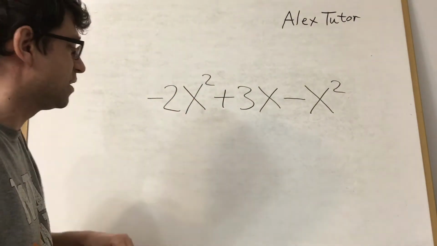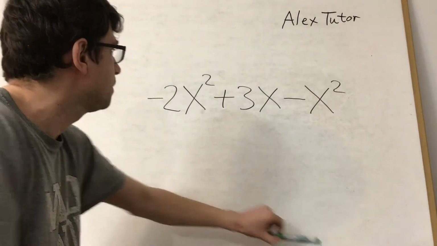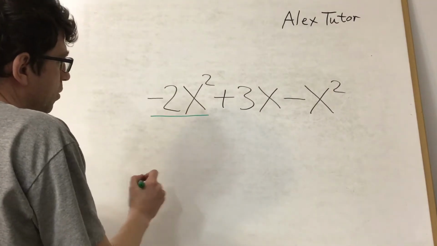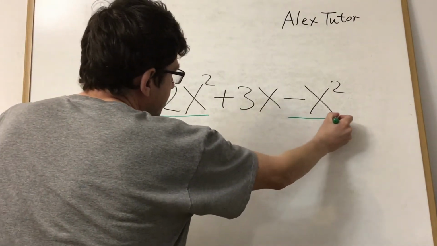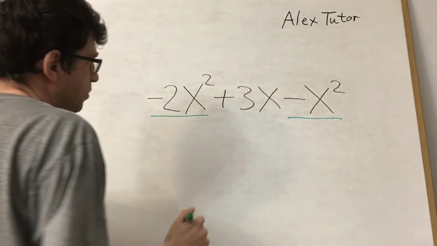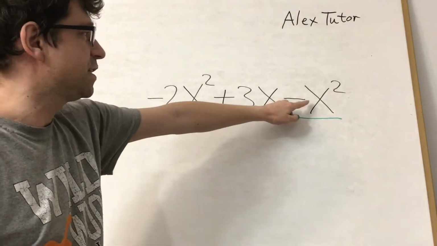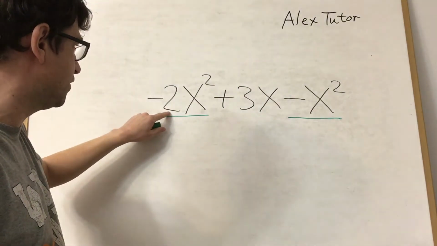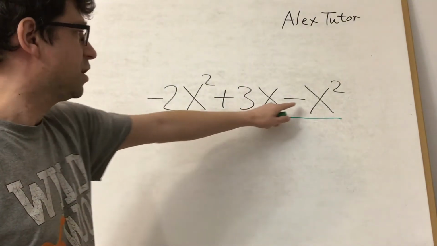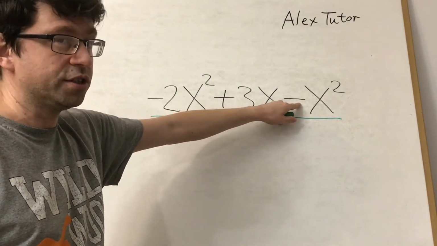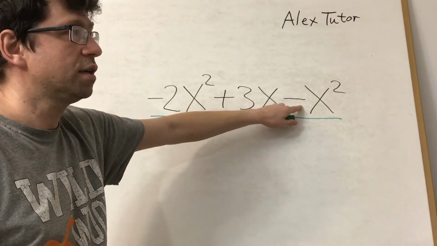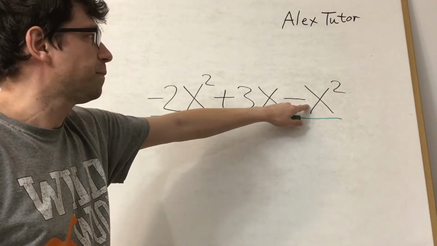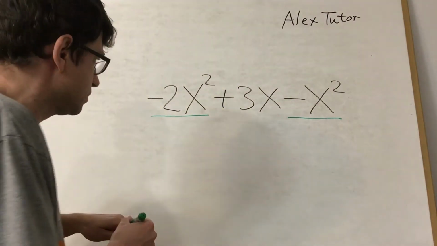So what are the like terms here? This negative 2x to the power of 2 and negative 1x to the power of 2. If there is nothing here, it means 1. So here I have a coefficient negative 2. Here I also have a coefficient, it's negative 1. It's just that I do not write 1 explicitly because it's self-understood.